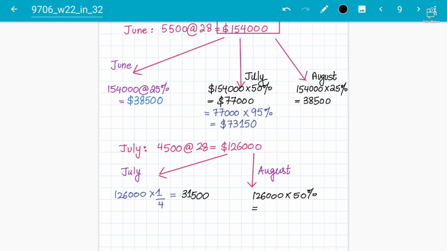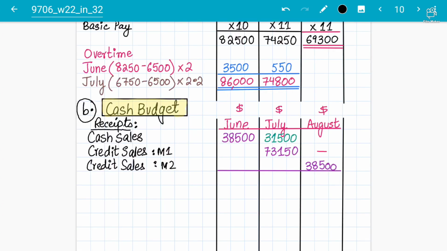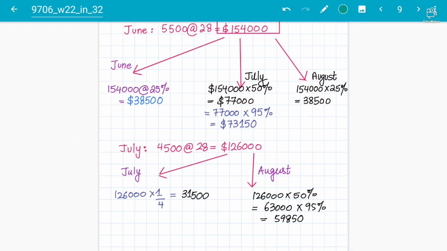So it's going to be 63,000 into 95% because of the discount, so it's going to be 59,850 that you are going to receive in August. Okay, so you can write it down, 59,850.